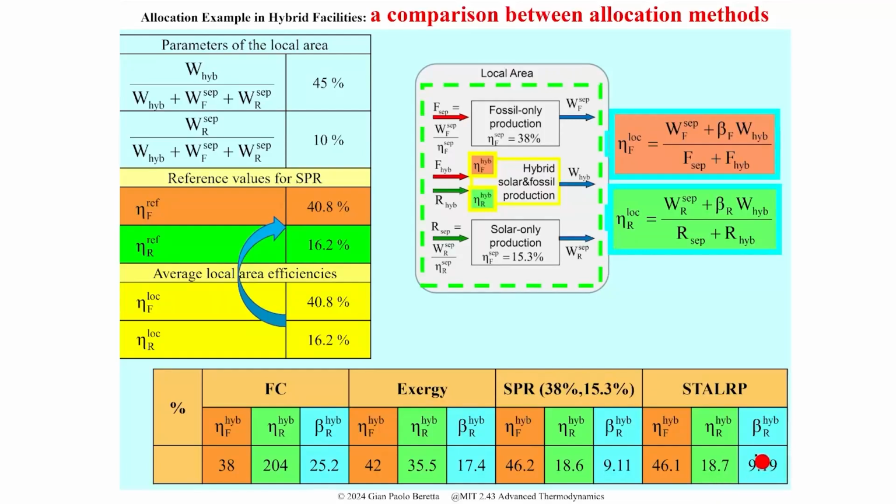For example, we would say that this hybrid facility improves the efficiency of production from solar from 15% to 18.7%. The Exergy method would have said that the improvement is to 35%, giving therefore a lot of credit and therefore very high incentives. And for the fuel center, even higher. It's nonsense.